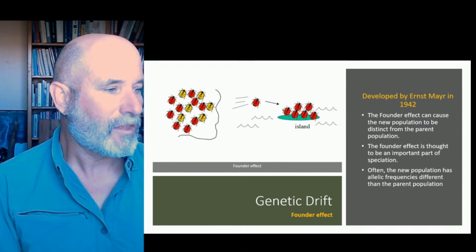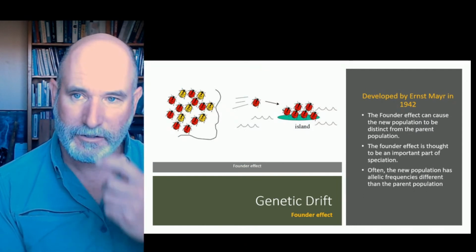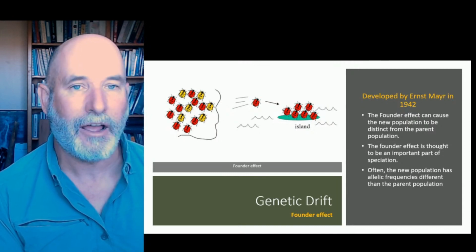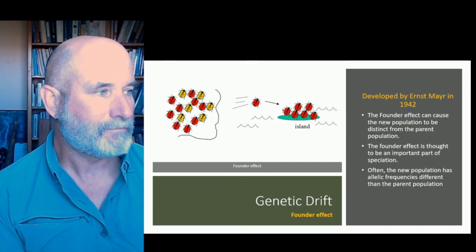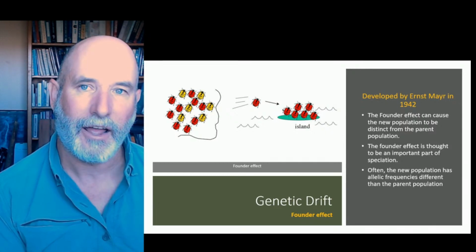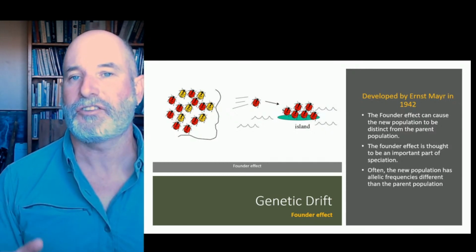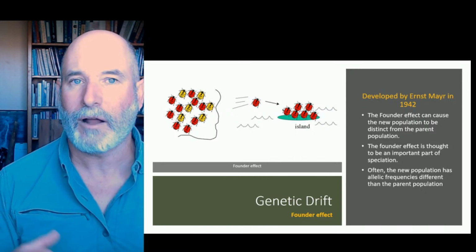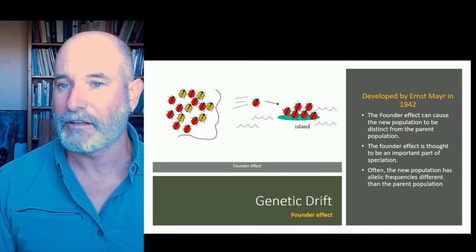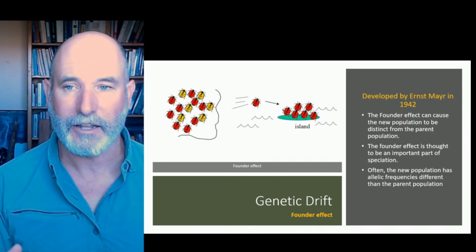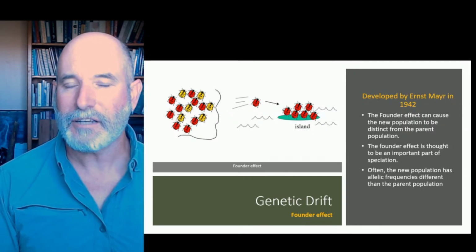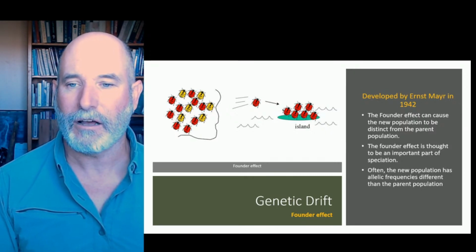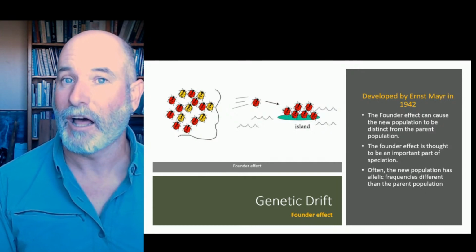Now, genetic drift and the founder effect, these, of course, were developed by Ernst Mayr in 1942, and it's thought that the founder effect is important in speciation. If you go around the world to all the different islands throughout the Pacific and the Atlantic too, and Caribbean, one thing you'll find is that these islands have a lot of unique species, a lot of endemics.